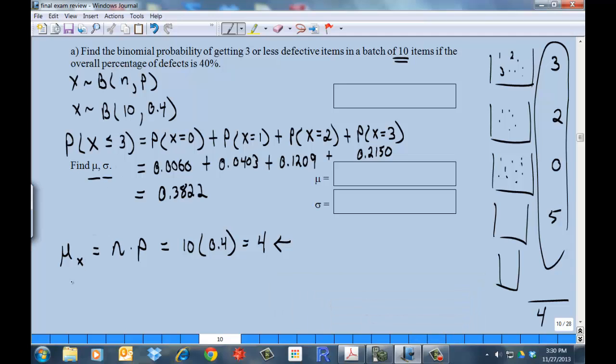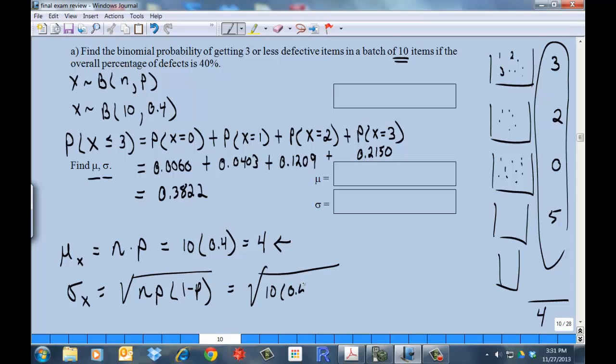Okay, now the second piece is to find the standard deviation for a binomial. And again, this is real easy. It's just the square root of n times p times 1 minus p. So let's plug this in. We get the square root of 10 times 0.4 times 1 minus 0.4, and we get approximately 1.55 for the standard deviation.